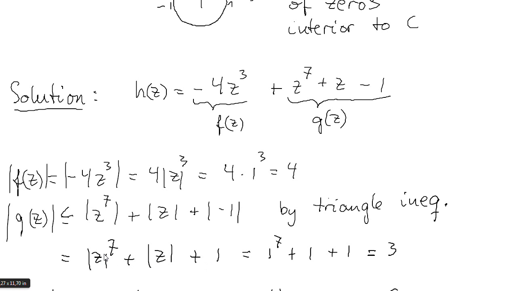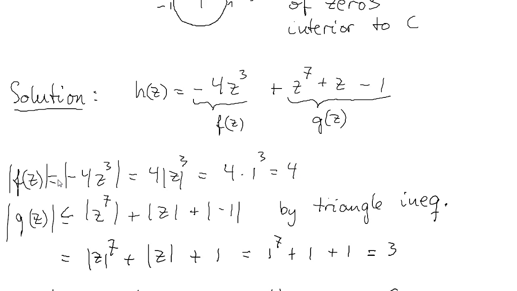And noting that we are on the circle, the absolute value of z is equal to 1, so we can insert 1 instead of the absolute value of z here. Then we obtain 1 plus 1 plus 1 equal to 3. So we know that the absolute value of g of z is at most 3, which is of course less than 4.